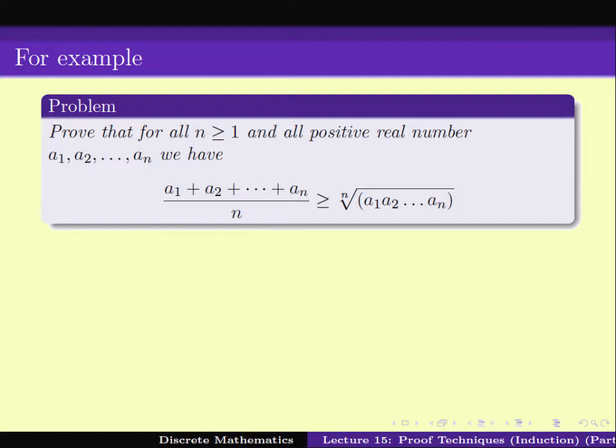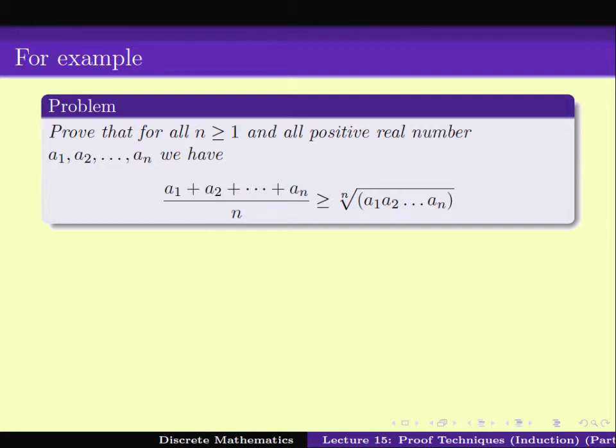The third example is the AM-GM inequality, namely that the arithmetic mean of any n positive real numbers is greater than or equal to the nth root of the product of these n real numbers.